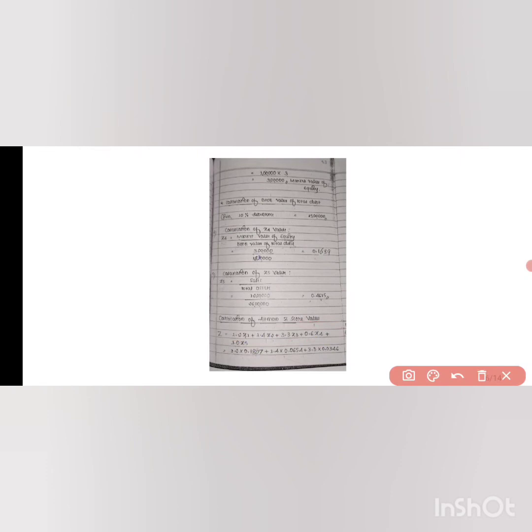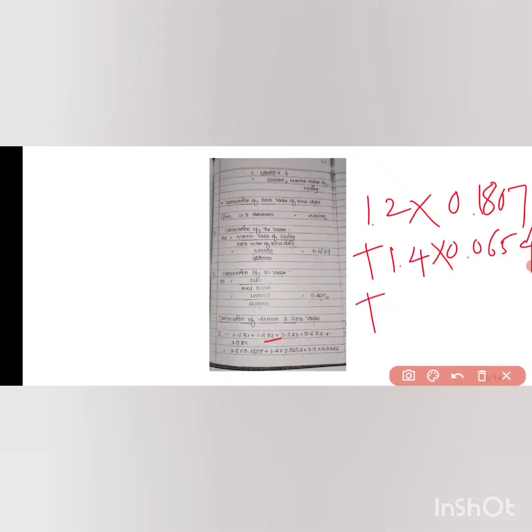So 1.2 into the X1 value, which is 0.1807, right? Then plus 1.4 into the X2 value we just calculated, 0.0654, right? Plus 3.3 as it is we keep, and if there is nothing, it means there is multiplication.